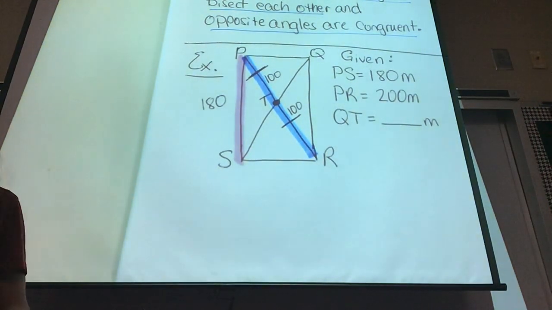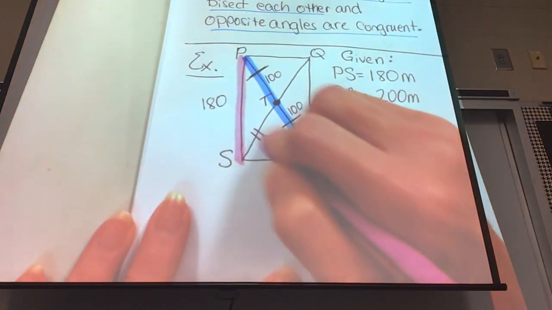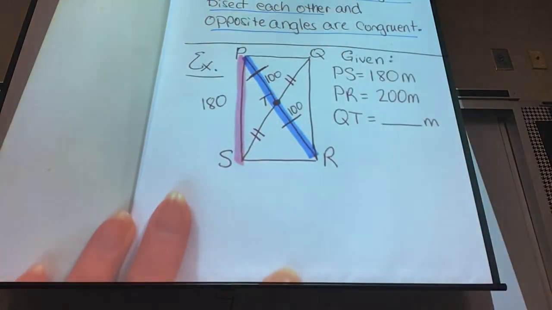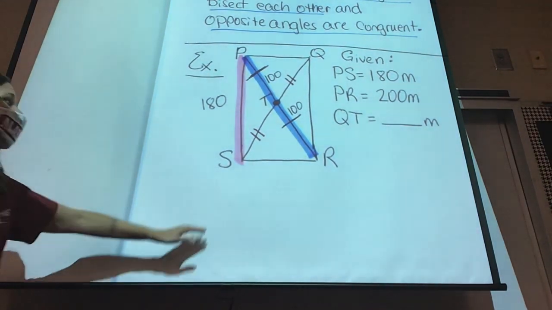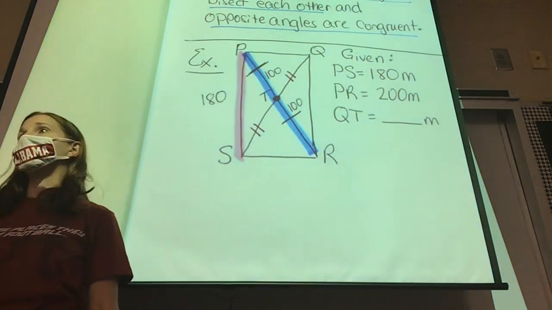Now I also know that this piece has to be equal to this piece. Now why would I mark that line? Why would I mark anything on this line? Because QT is the one I'm looking for.